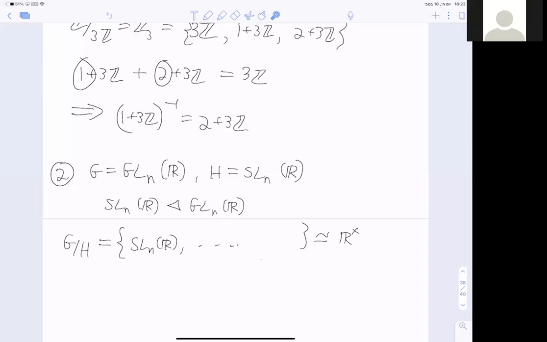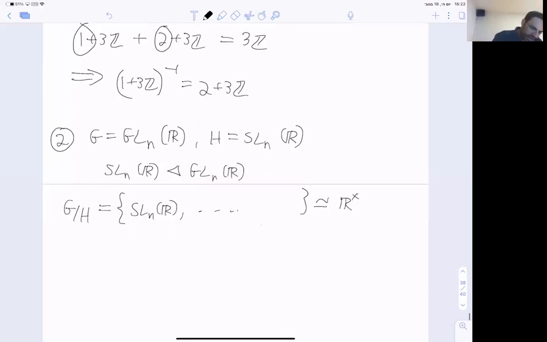So the order is basically Aleph, right? Yes, Aleph without the zero. Okay, so I will write it.